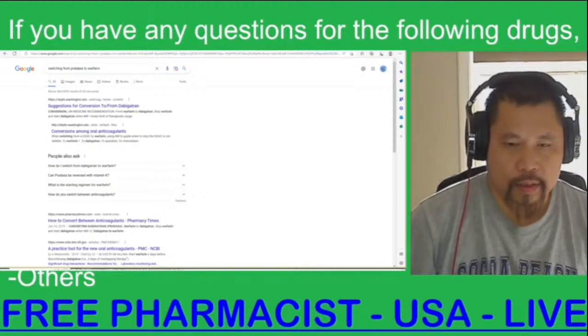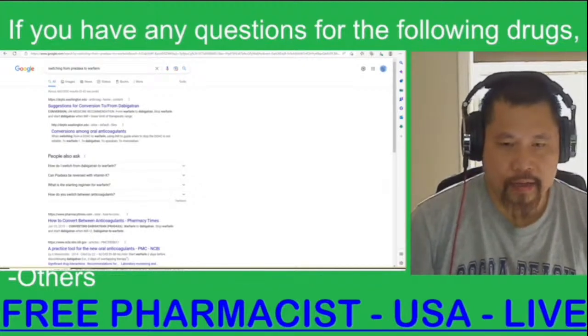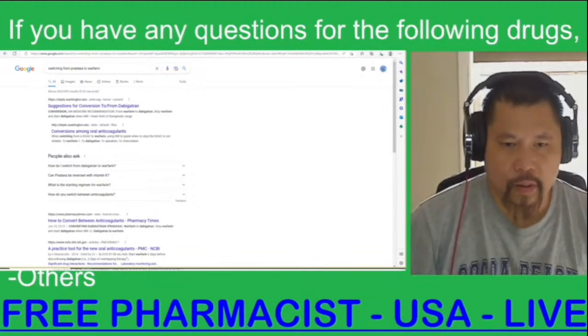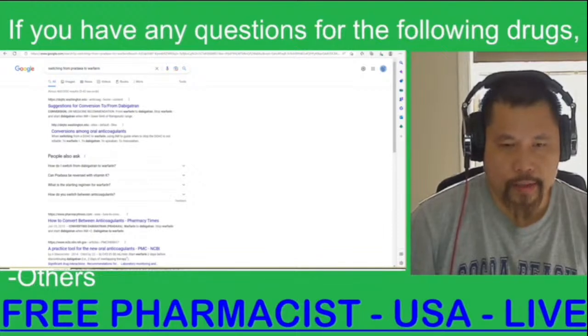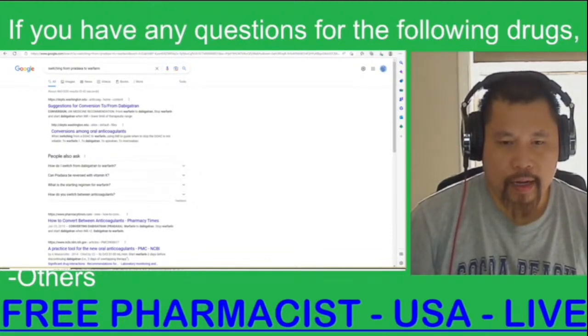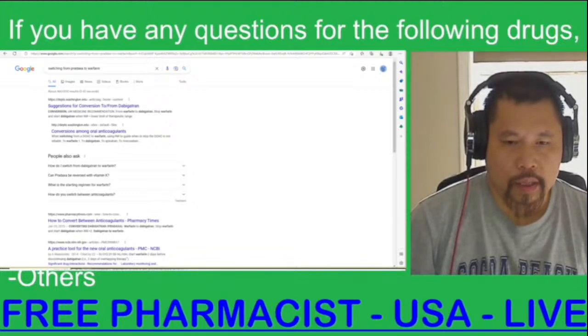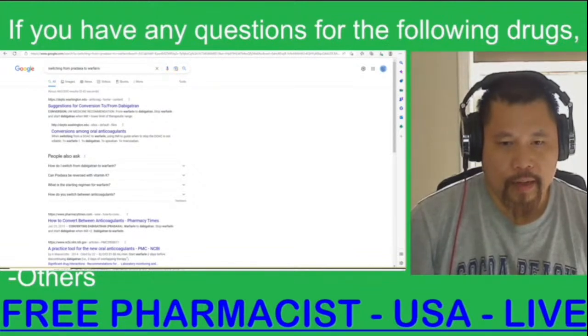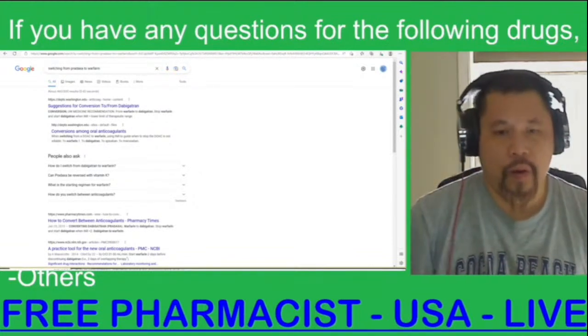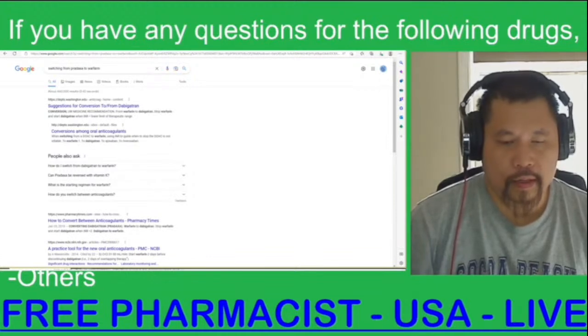So you need to, if the INR is at the therapeutic level, then you just hold the warfarin for 1 day or 2 days prior to the Dabigatran. If the INR is like 3.1 to 3.5, then I will hold warfarin for like 3 days or so to make sure that INR is less than 2, then start the Dabigatran.